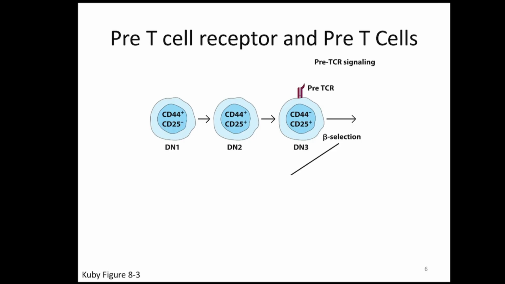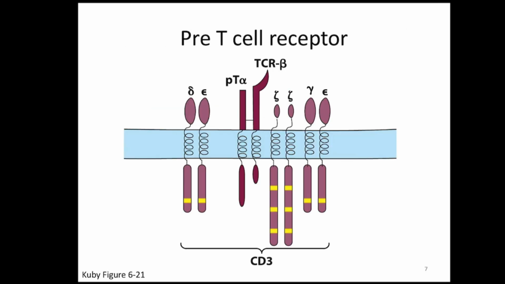So this isn't a T cell receptor yet. This is a pre-T cell receptor. It only has the beta heavy chain. It doesn't have a real light chain yet. It has this surrogate light chain. And this surrogate light chain is called PT alpha. I've also sometimes heard it called pre-T alpha. I personally just use those two terms interchangeably as PT alpha and pre-T alpha.